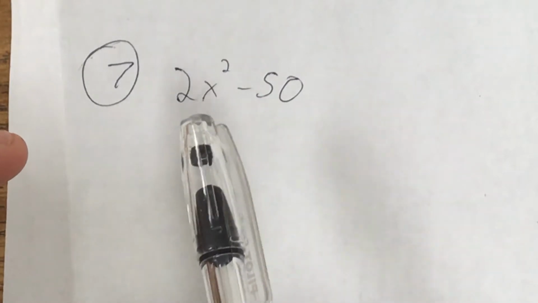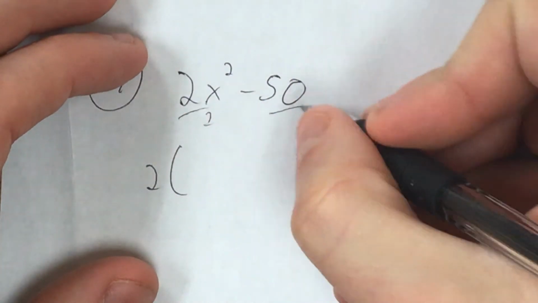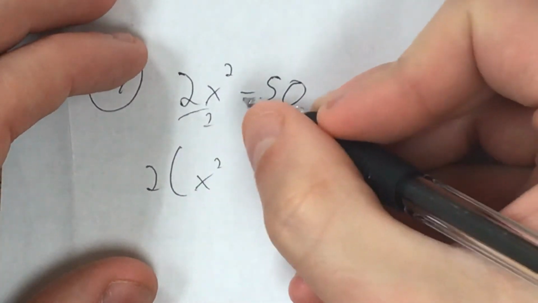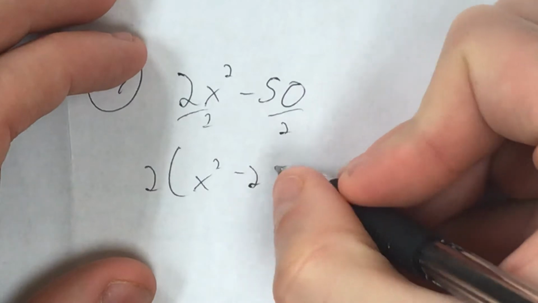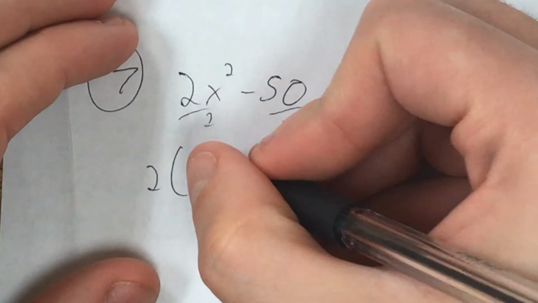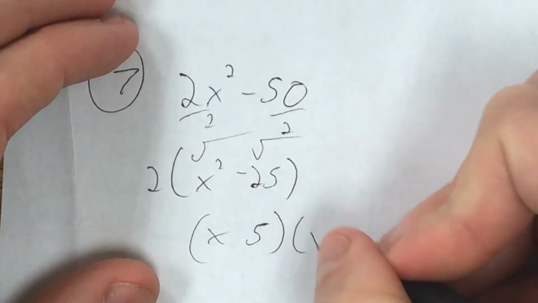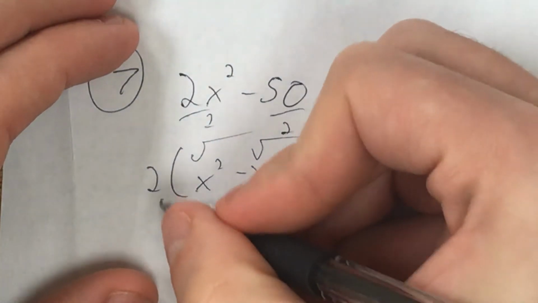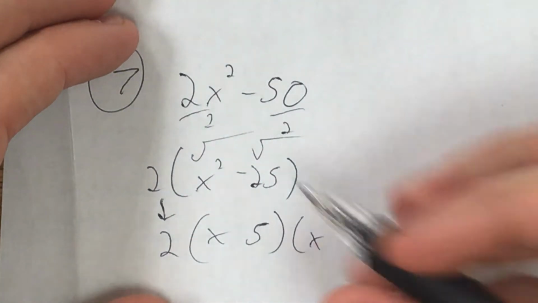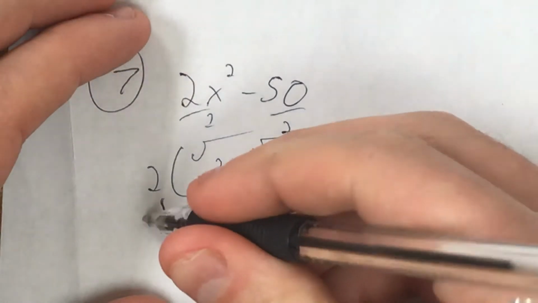If you were to see that this is a 2 and this is a 50, they're both even numbers, you can divide them by 2. If you divide them by 2, you get x squared minus 25. But once again, this is a difference of squares. You could square root them, you would get x and 5. And then bring down the 2. And the way to get it to be negative is if one is positive and the other is negative.